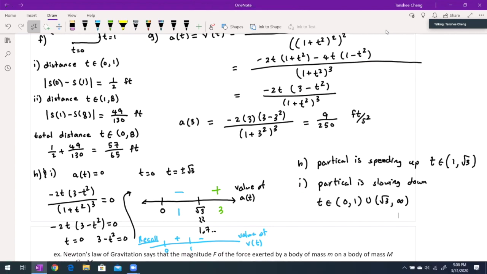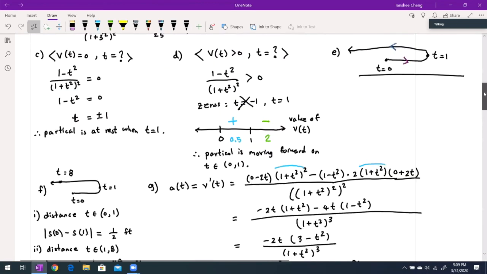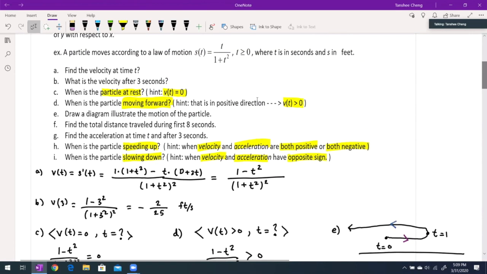That's the main thing. Let's go back. We good, right? So what you need to remember in this case is the meaning of each term. Like when the particle is at rest, what does that mean? For the test purpose, you need to know that when the particle is at rest, the velocity is equal to 0.